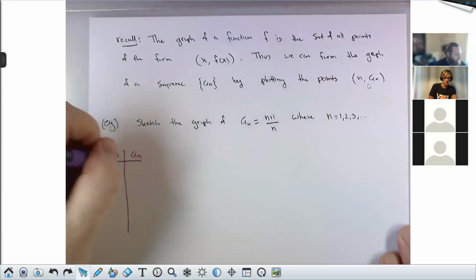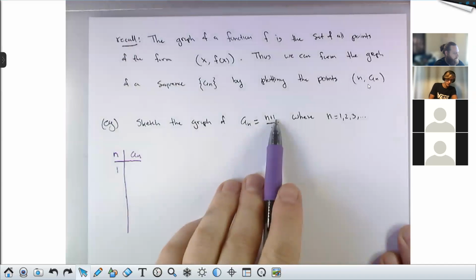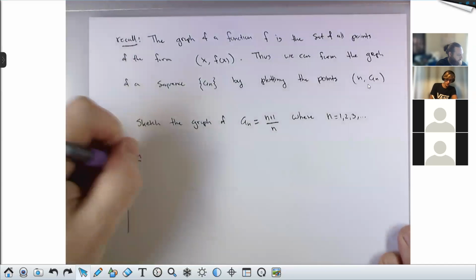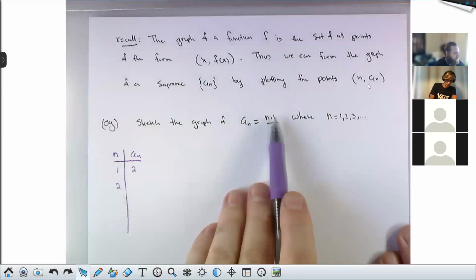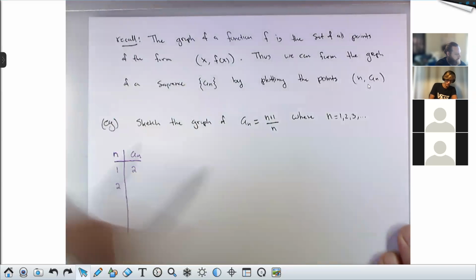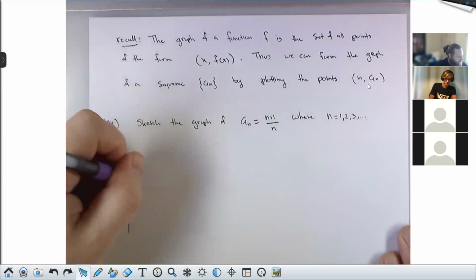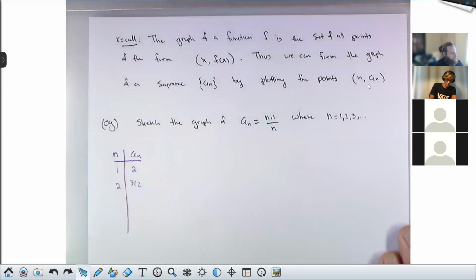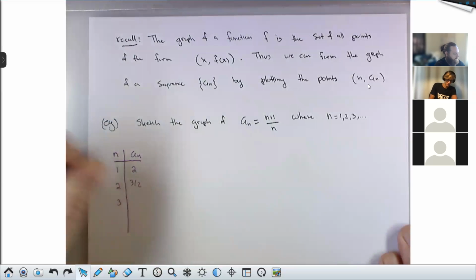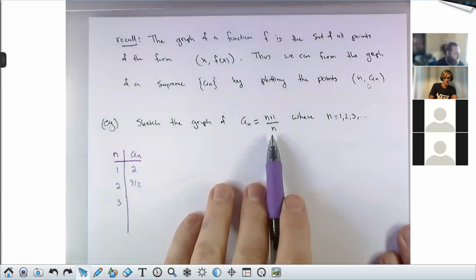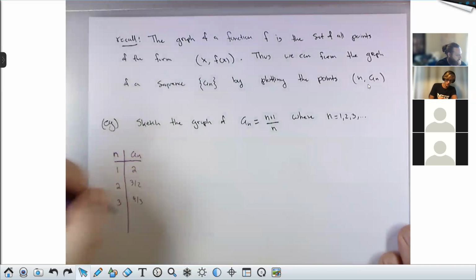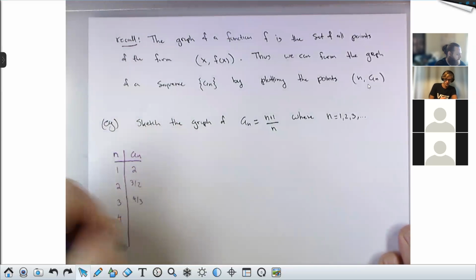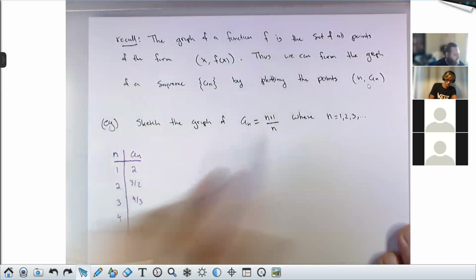When n is equal to 1, this is 1 plus 1, which is 2 over 1, that's 2. When n is equal to 2, this is 2 plus 1, which is 3 over 2, or 3 halves, 1.5. When n is equal to 3, this is 3 plus 1, which is 4 over 3, 4/3. When n is equal to 4, we have 4 plus 1 is 5, over 4.